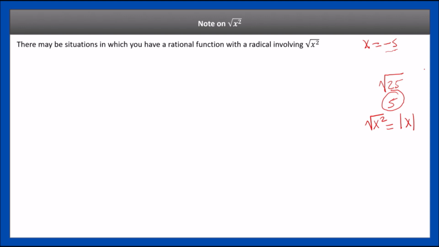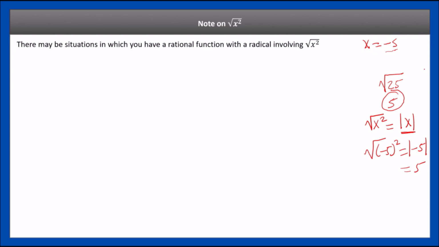If we define the square root of x squared as the absolute value of x, then if x were negative 5, when I do this, I get the square root of negative 5 squared, which is the absolute value of negative 5. And we know that the absolute value of negative 5 is 5. So we define the square root of x squared as the absolute value of x, and when x is negative or positive, we still get a positive quantity.